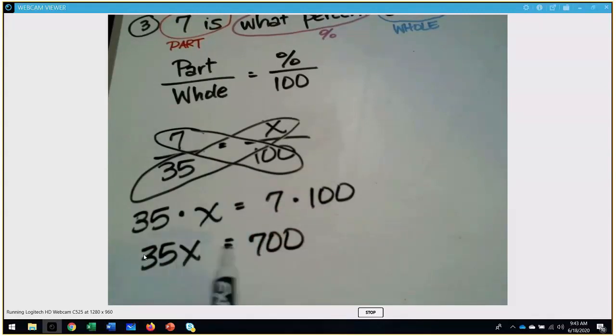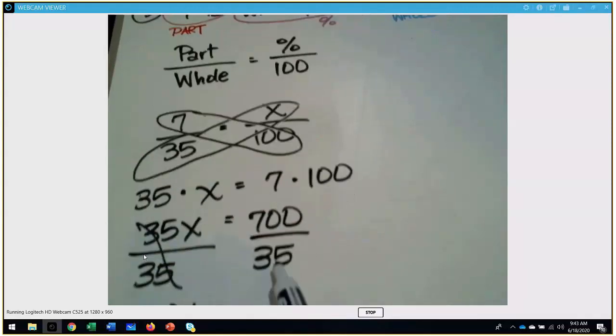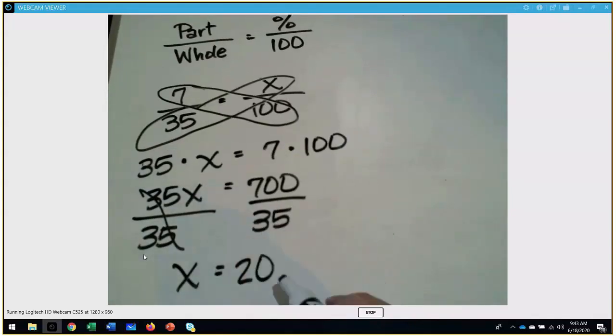And then last step is to always divide by whatever is in front of your x. And then when you plug this in, you will get 20. So here's the thing with this one before we end.